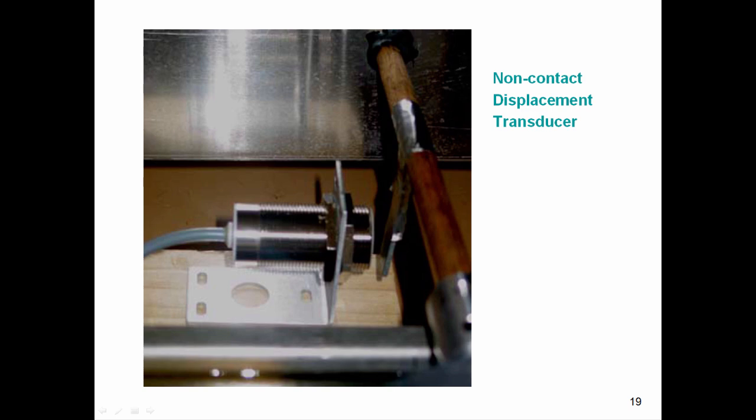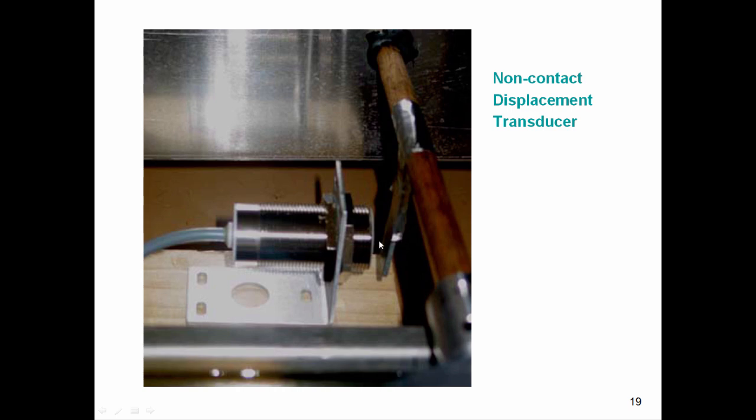Okay, here is the sensor, and this is a non-contact displacement transducer. So there's actually an air gap from the sensor head to this metallic target. And the sensor does not measure absolute displacement. Rather, it measures relative displacement.